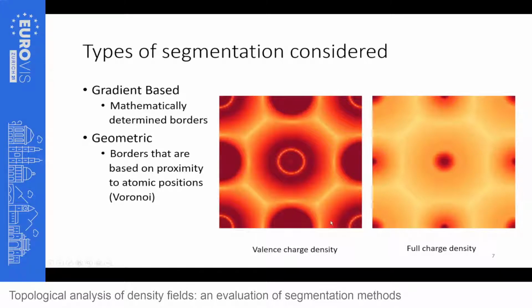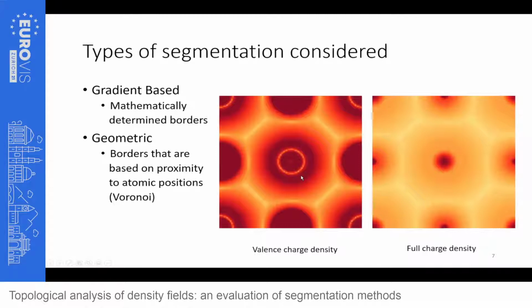Unfortunately, most chemical codes work with the so-called valence charge density, which is only the outer electrons. And because they're using valence charge density, they have a huge hole at the atomic positions. So instead of going to a single point, you will end up on this ring, for example.